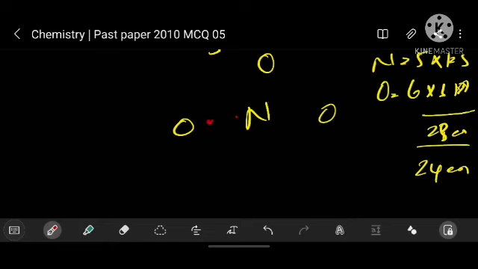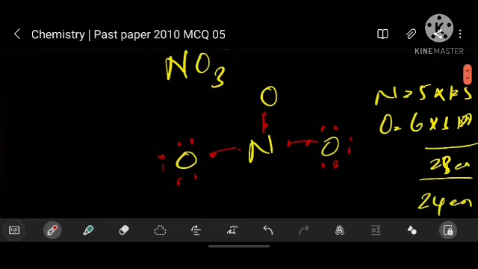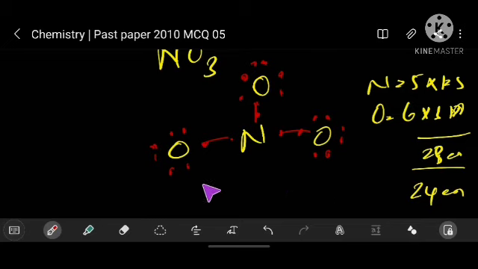So we have used 8, 8, 8, that is 24. So now we are done with all these 24 electrons, right?